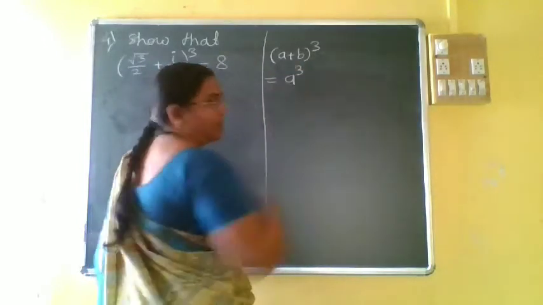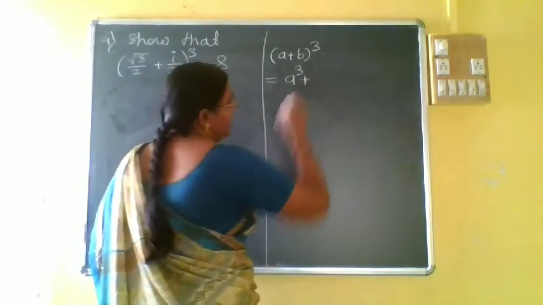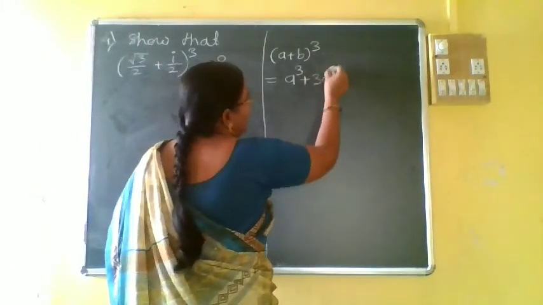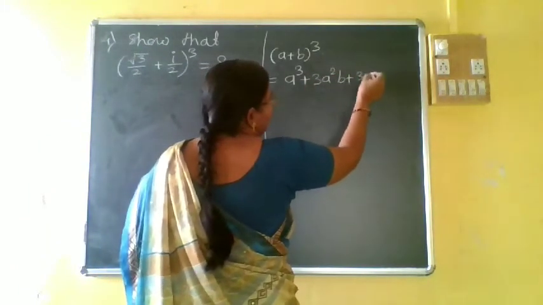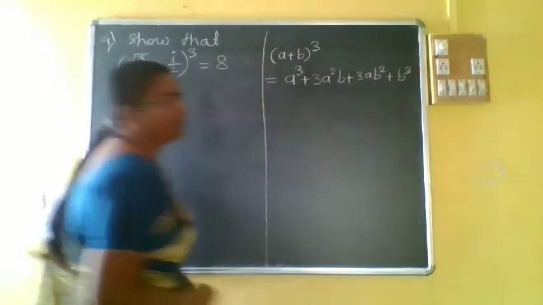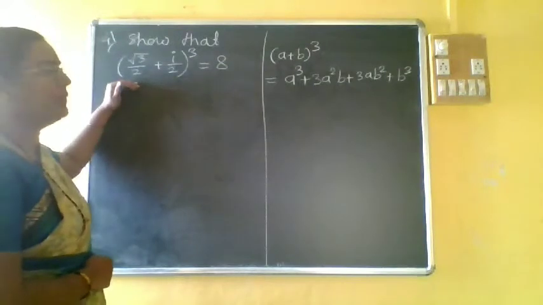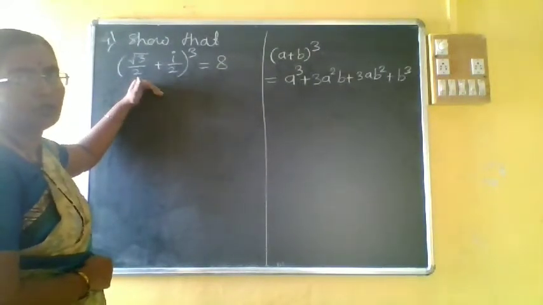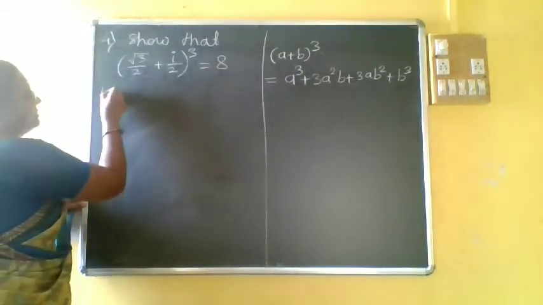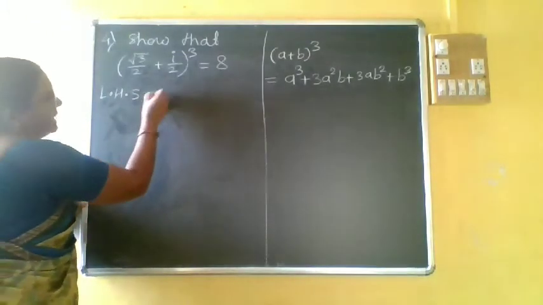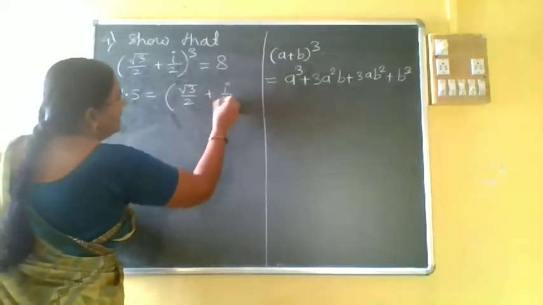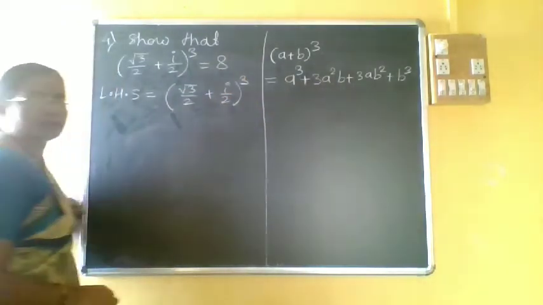It becomes a cube, as you know from earlier in the 8th standard, plus 3a square b plus 3a b square plus b cube. Here the values of a and b are given to us. Let us take the LHS, that is (root 3 by 2 plus i divided by 2) bracket cube.